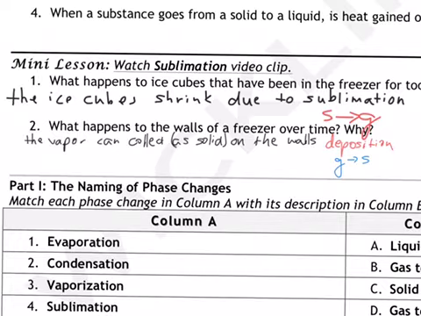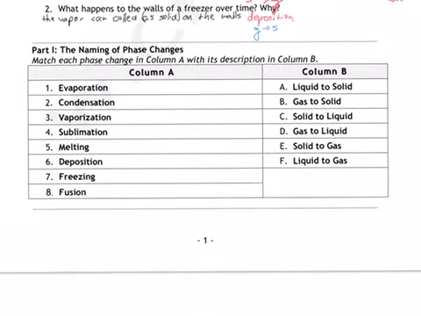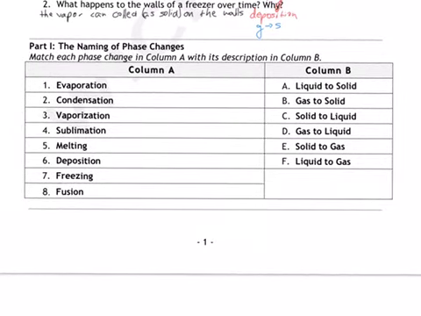So I will zoom back out here, and in this part you need to copy down this table, and we need to match up the names of phase changes with column B, which is the description of the phase change. I'll start you out with 1.